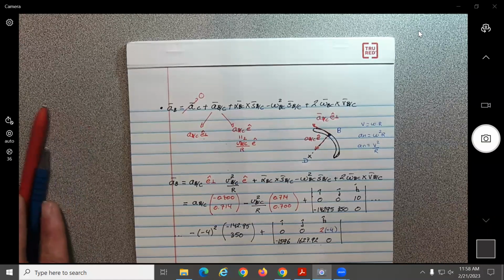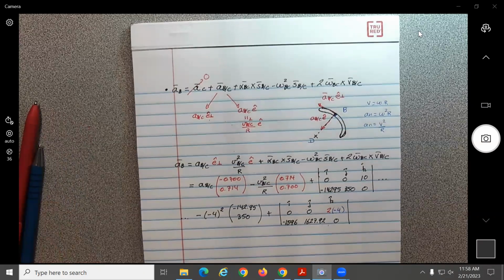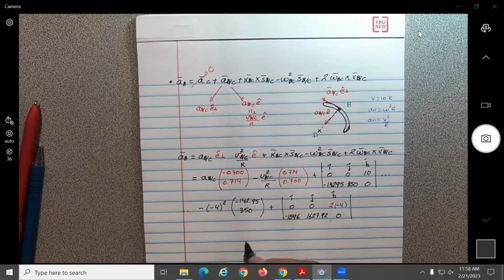So now this is going to give us acceleration of B is equal to -0.700 acceleration of B with respect to C. So everything is going to be known over here.